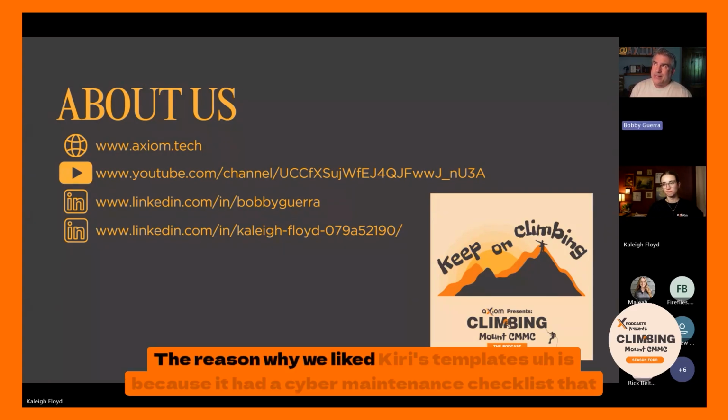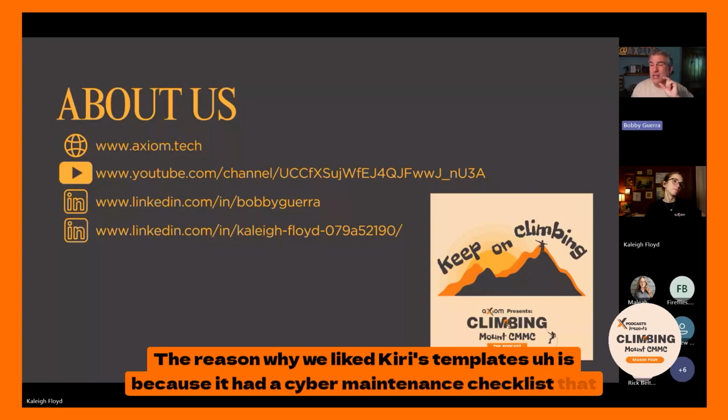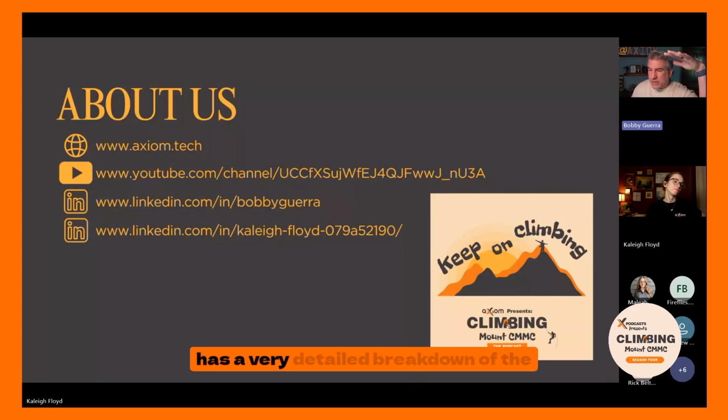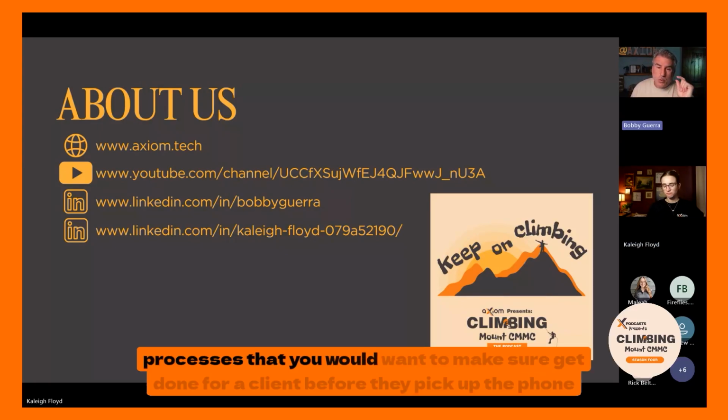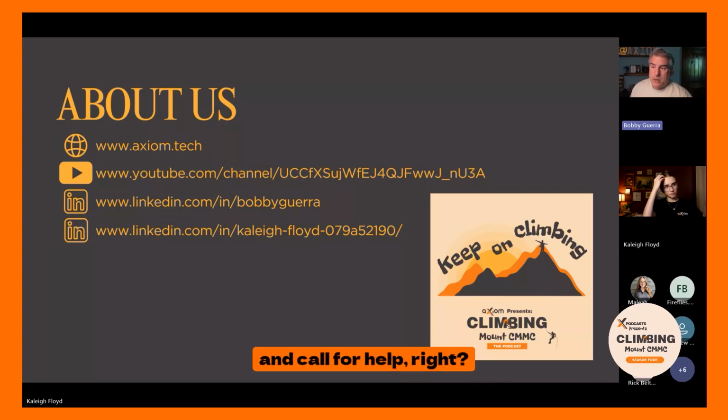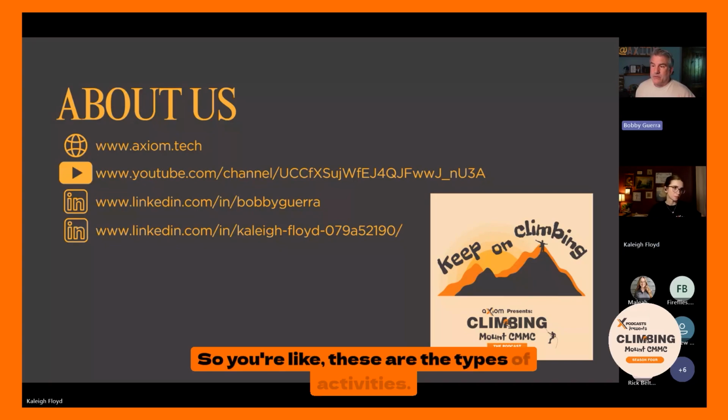The reason why we liked Curie's templates is because it had a cyber maintenance checklist that has a very detailed breakdown of the processes that you would want to make sure get done for a client before they pick up the phone and call for help. So you're like, these are the types of activities.